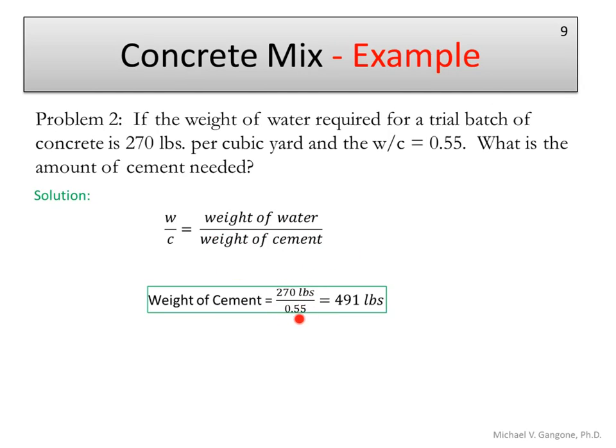I divide it by the water-cement ratio, and it tells me that the amount of cement is equal to 491 pounds. So again, a very simple, basic problem, nothing too difficult, but it relies on you knowing what w/c is. It is the weight of the water to the weight of the cement.